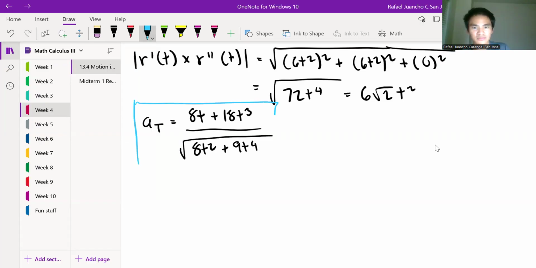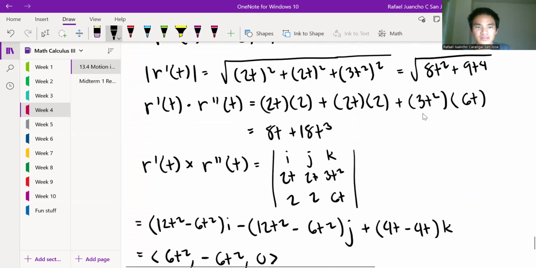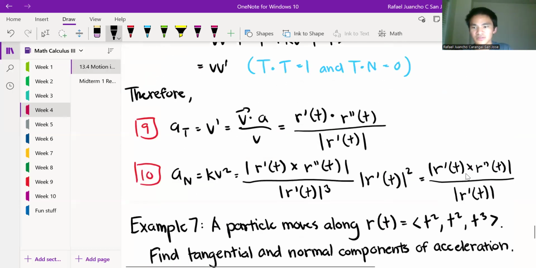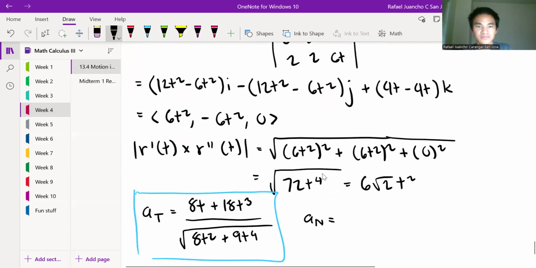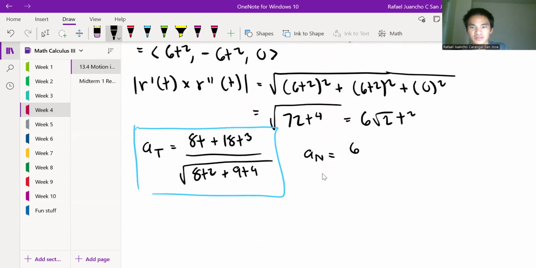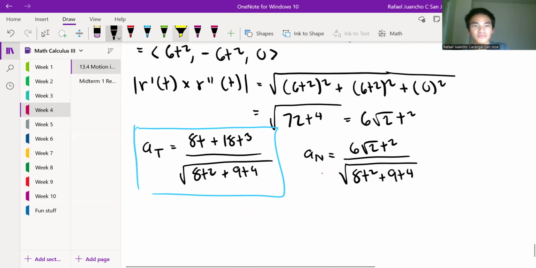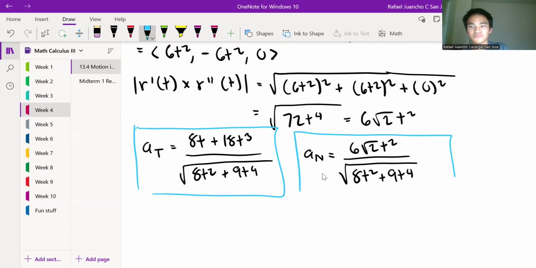That's one of them. And lastly, my normal component is just the cross product over the magnitude. So my cross product is 6 square root of 2 t squared over, again, this thing, 9t to the fourth. So yeah, it's really all about plugging in formulas.